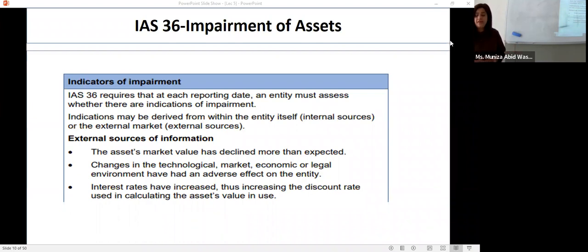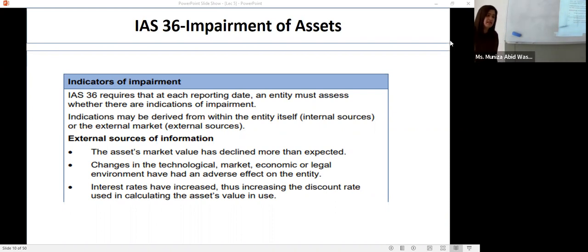Then interest rates have increased. When the interest rates are increased, what occurs in that situation? What is going to be the effect on the present value if the interest rates are increased? Read this point. Interest rates have increased, thus increasing the discount rate used in calculating the asset's value in use.